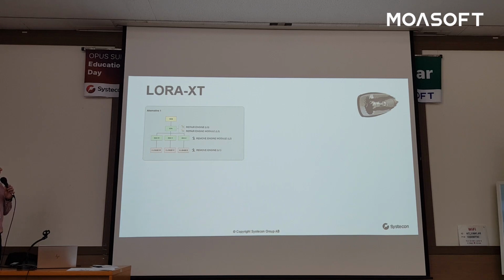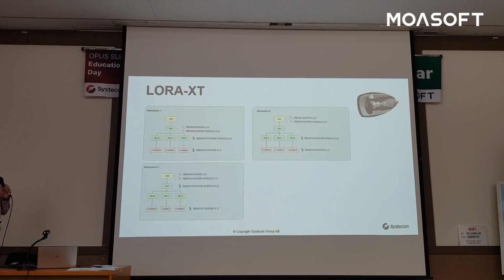That's alternative 1. Alternative 2 is to keep the L2 at the regional and then move up the L3 to the OEM instead. Third alternative is to move up L2 to the central level and do L3 at the OEM. And the last option is to do all 3 of them at the central station. So here are 4 alternatives that we think are possible.